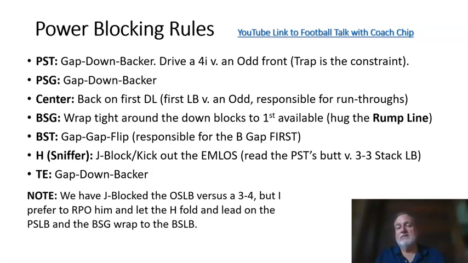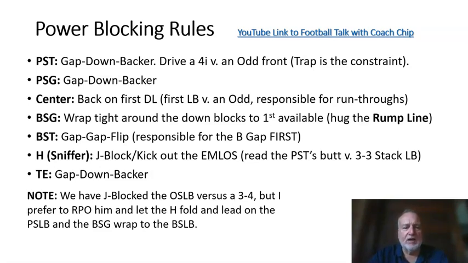Okay? And against an odd front, and you'll see this on one of the videos, he may read the play side tackle's butt, and we'll tell him that if he blocks out because that guy slanted out or was lined up in a 5, then you release inside and get the stack backer. If he blocks down, then you'll get the other guy. And then the tight end, of course, is gap, down, backer.